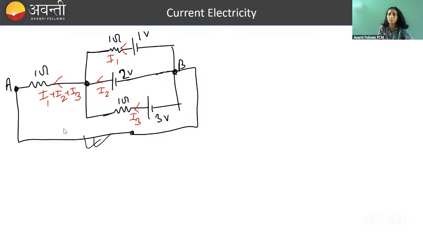We need to write three equations. So you will write KVL, you will get the answer. Other than KVL, we cannot do anything here. Any shortcuts we cannot apply. One thing you can do here, 1 volt or 3 volt को आप reduce कर सकते हो single battery में. क्योंकि 1 volt and 3 volt are in what?